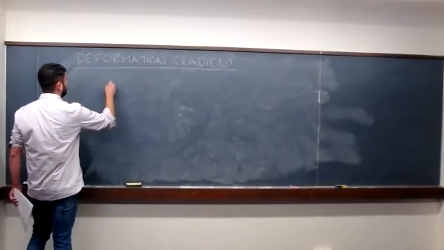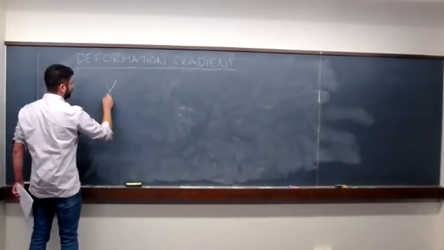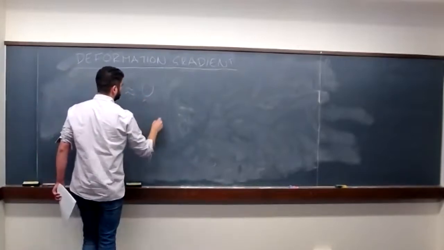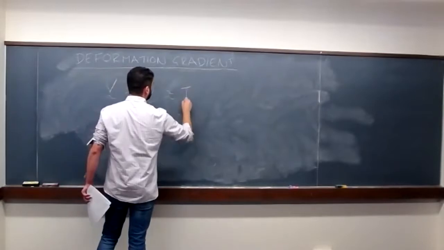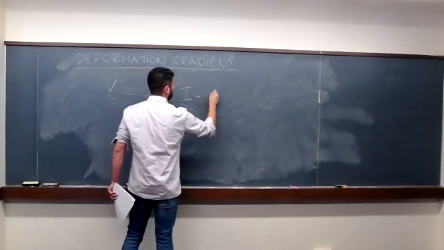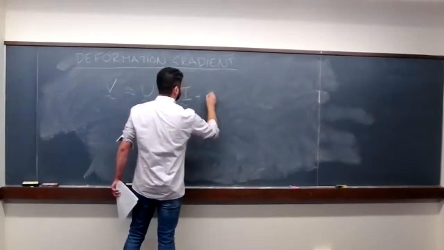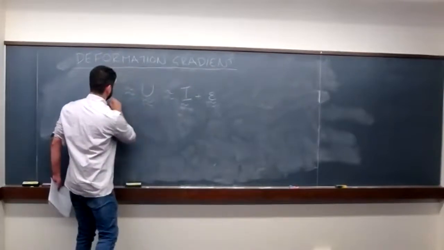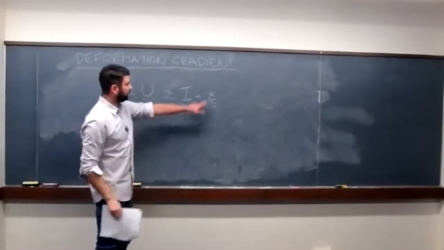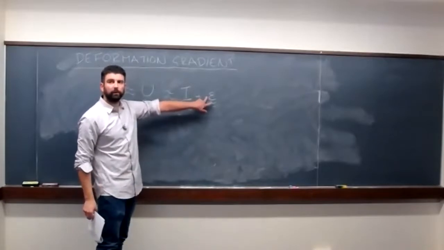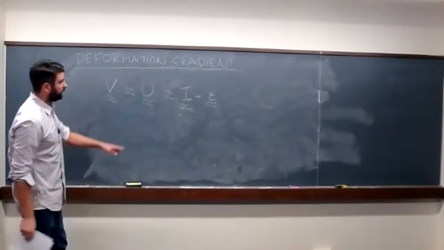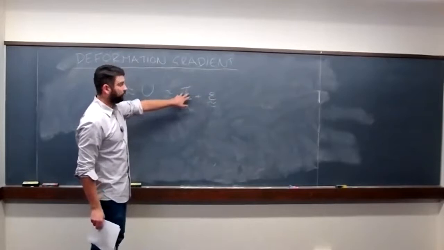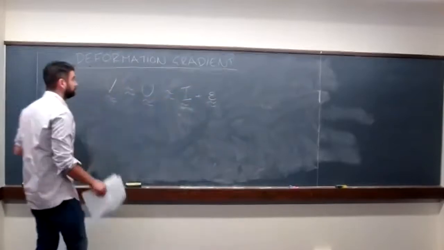So if the deformation is small, the left stretch tensor is about equal to the right stretch tensor, which is about equal to identity plus the infinitesimal strain tensor. So I think this is the strain tensor that most of you are familiar with. But what we're going to be doing a lot in the class is we're going to be taking the strain and adding it to identity and using that to deform the crystal lattice.